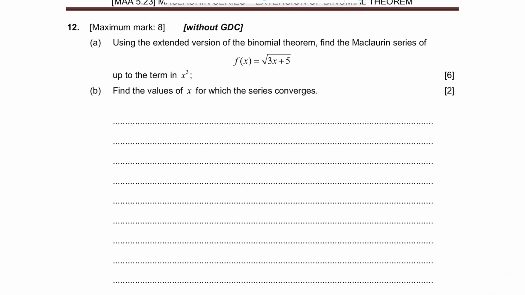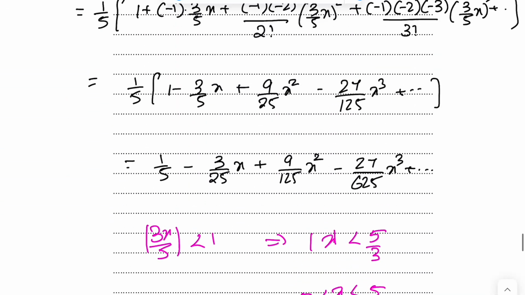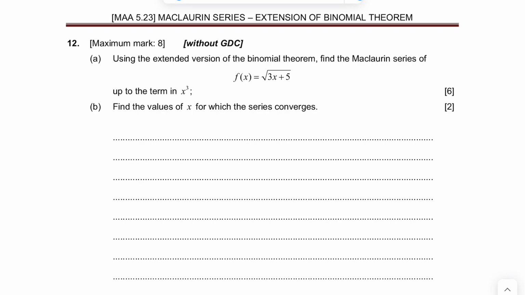Question number 12. f of x equals square root of 3x plus 5. Then use the extended version of the binomial theorem to find up to x cubed. So f of x equals (5 plus 3x) to the power of half.